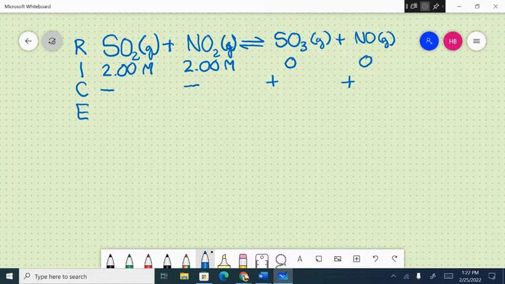So if any of the concentrations are 0, they definitely have to have a plus sign, and anybody else who's on the same side of the reactants products yield sign has to have the same sign. There's no coefficients here, so it's going to be minus x, minus x, plus x, plus x, like such.